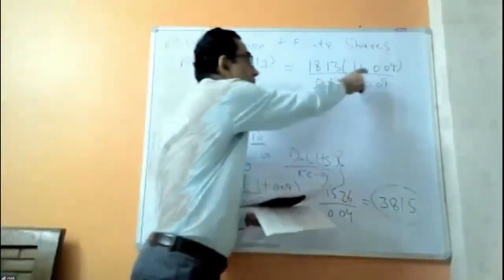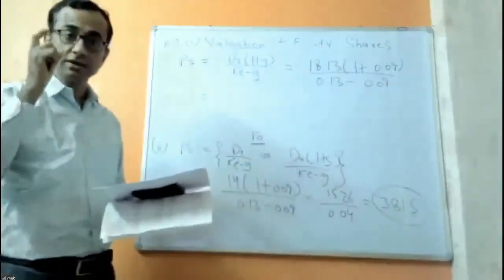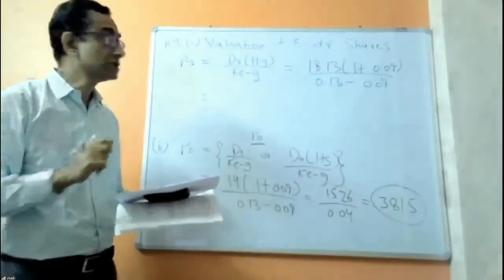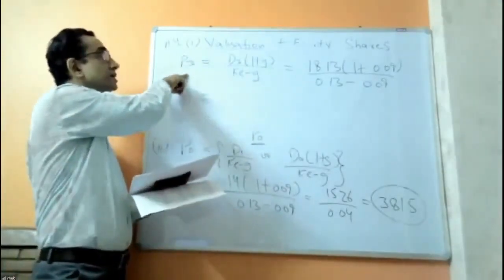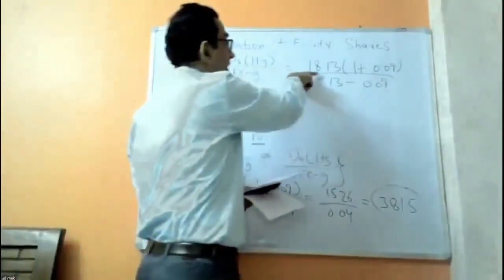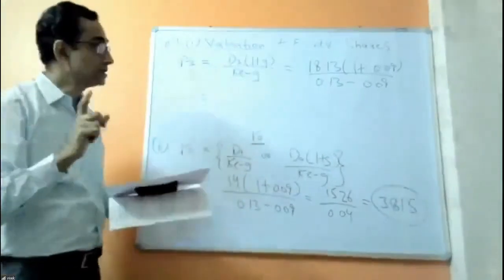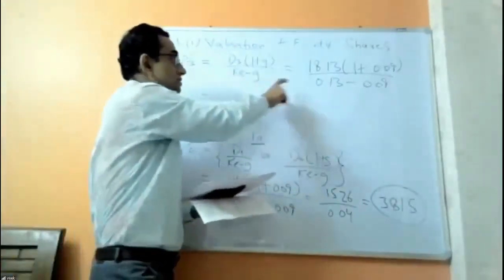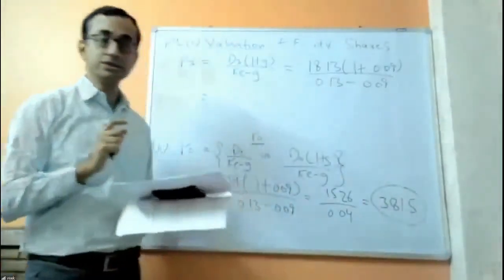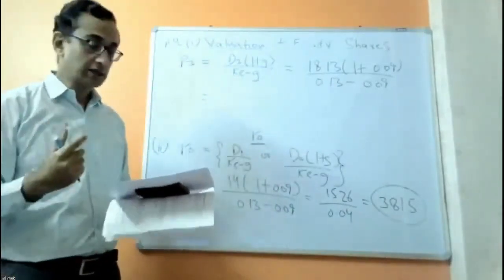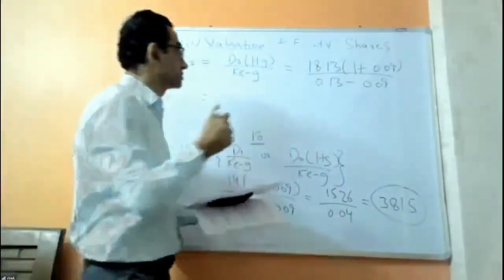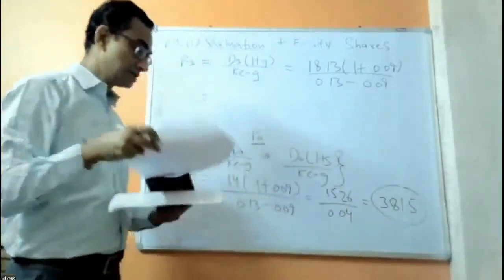We multiplied it by the growth rate 9% to arrive at the dividend at the end of the fourth year, because we are calculating present value at the beginning of the fourth year. So we will take dividend at the end of the fourth year divided by KE minus G. Cost of capital is 13% given in the question. Growth rate 9%, which is also given in the question. So let us calculate it.